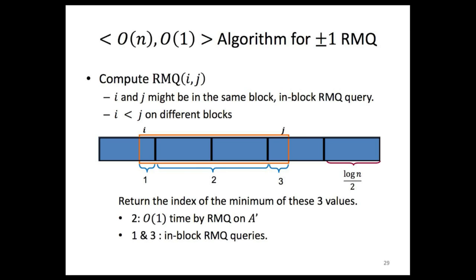So the way you answer this is you find the minimum from i to the end of the block that it lies in, and then you find the minimum of all the complete blocks in the middle, like I described for the complete cases, and then you do a similar thing for the rest of the way in the third block, which is from here to here.